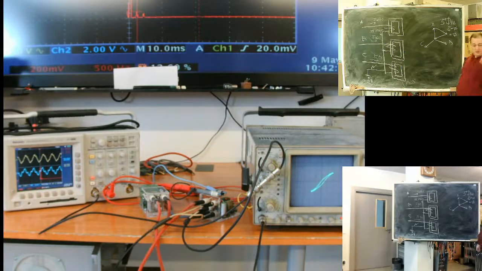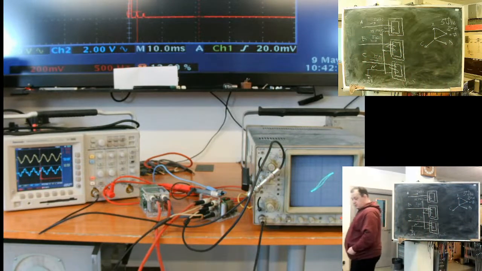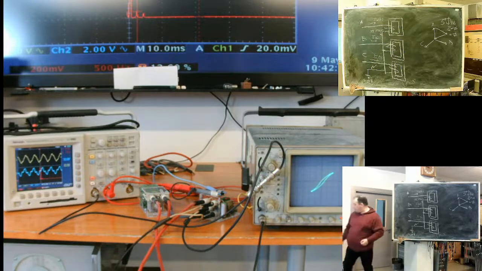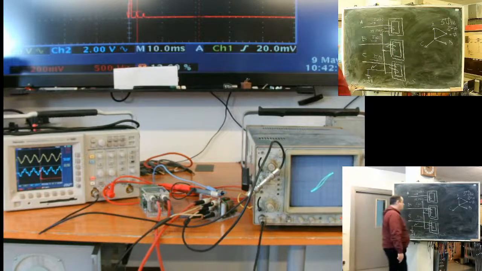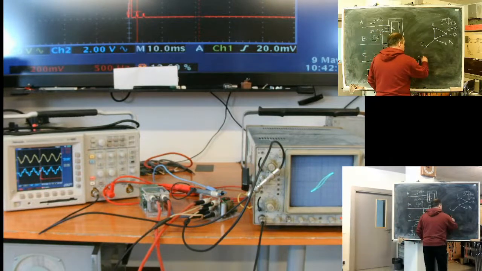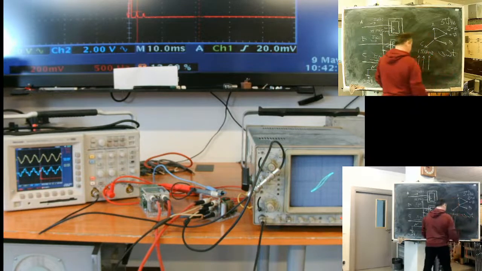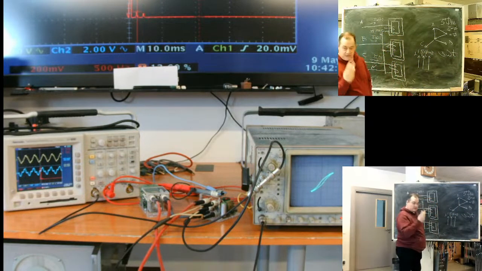Network voltage 50 Hertz. But current should contain not only 50 Hertz component, but also 150. Or you can see this distortion. At 150 Hertz or at triple network frequency, we have a 0 seconds.